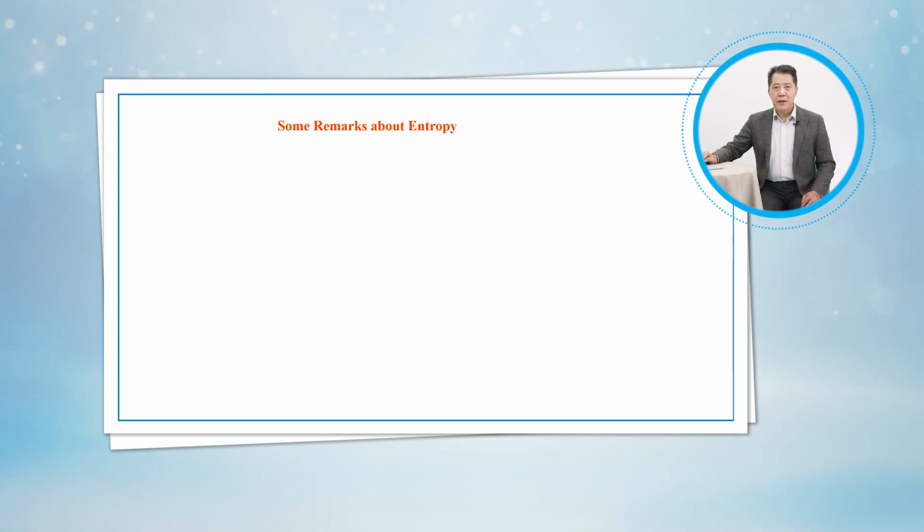The topic of this subtask is about some remarks about entropy. We should be clear: the entropy change of a system can be negative, but the entropy generation cannot be negative.